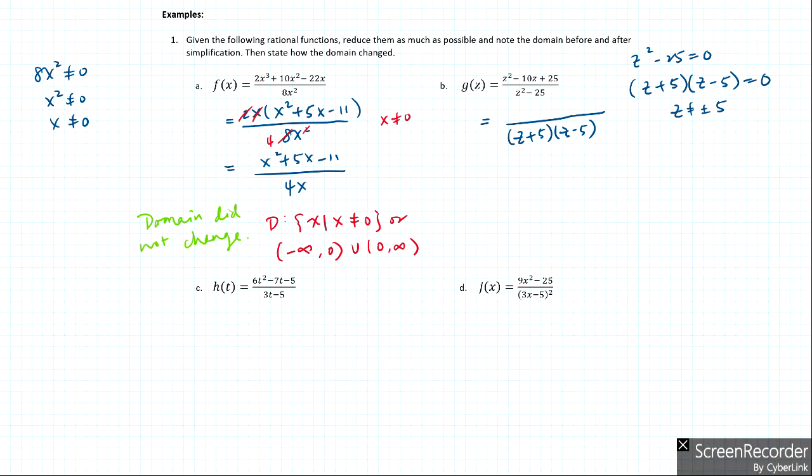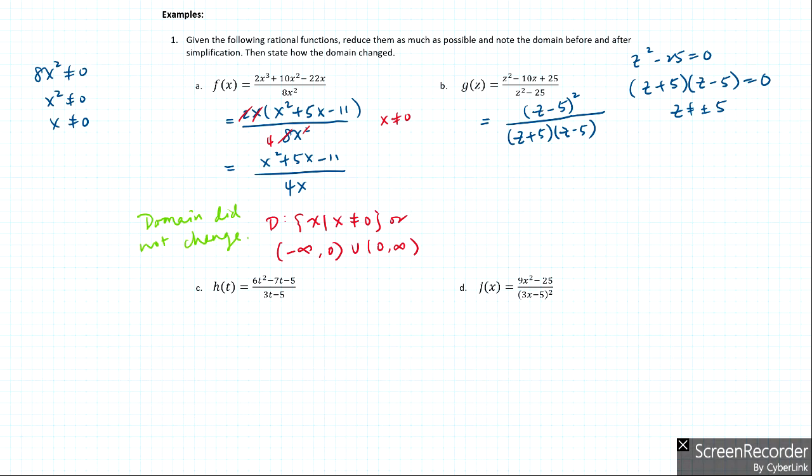But if you recognize the special form, this is actually a perfect square form, because if we do half of 10, that squared gives us 25. So on the top we actually just have (z minus 5) squared. Again, you can get the same result just by thinking what two numbers would multiply to 25. You'll turn out to find negative 5 and negative 5. You'll notice they are the same factor as well.